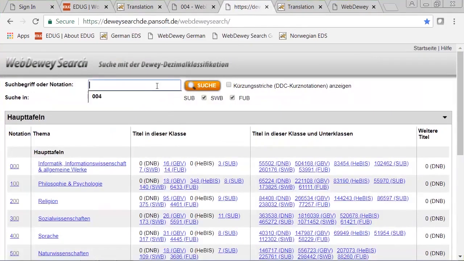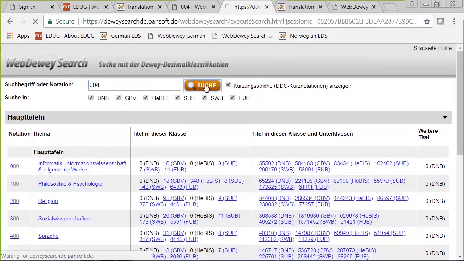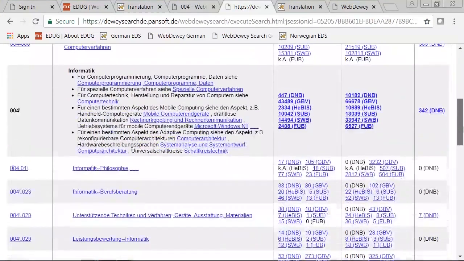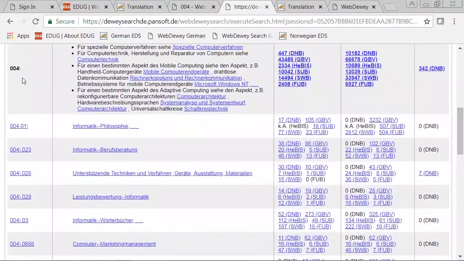If we have a look at the same number in the WebDewey search product, we just added also in the same style the backslash information, expressing that the number is shortened at that location.